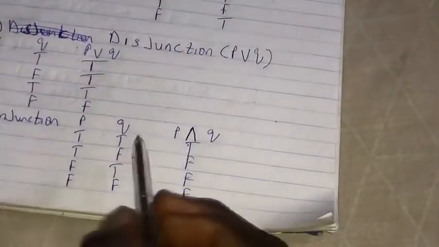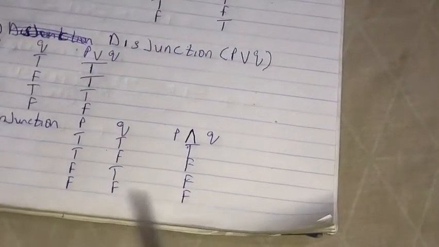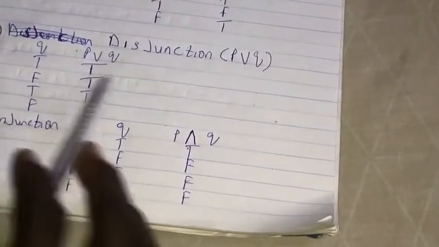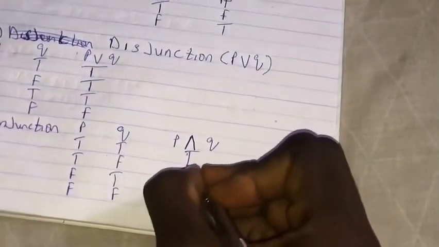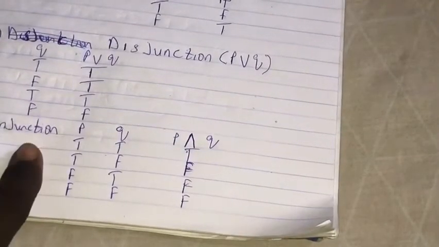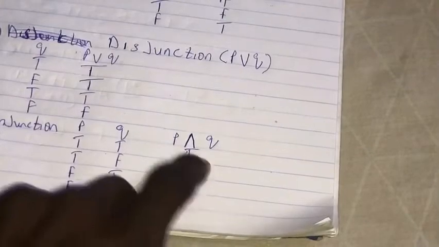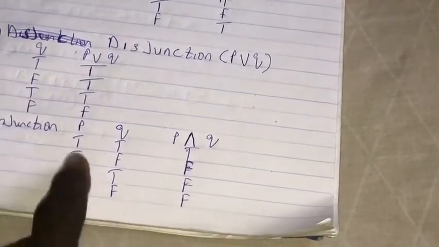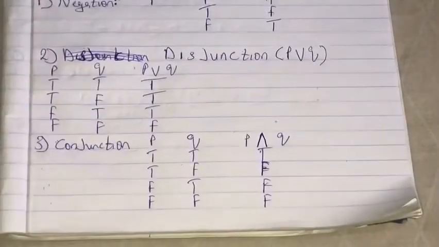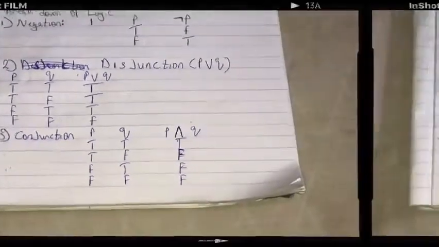Can you see? Here, in as much as you have a false in it, it will be false. But for disjunction, in as much as you have a true in it, it will be true. When P is true and Q is true, you have true. That's the only way we have true there. The rest is false. If you have any question on this, you can ask.